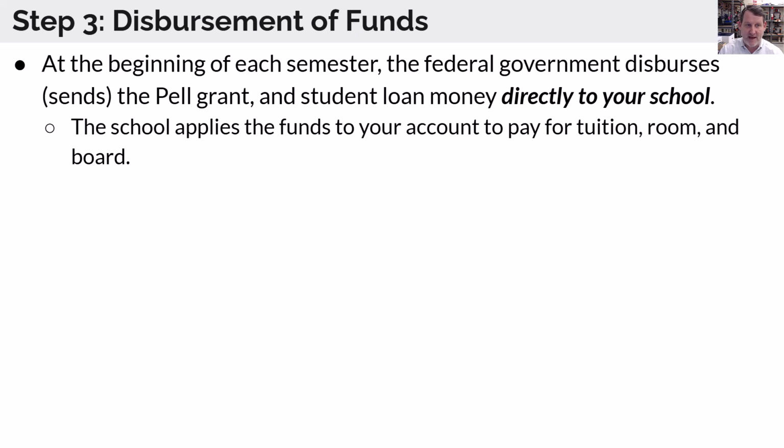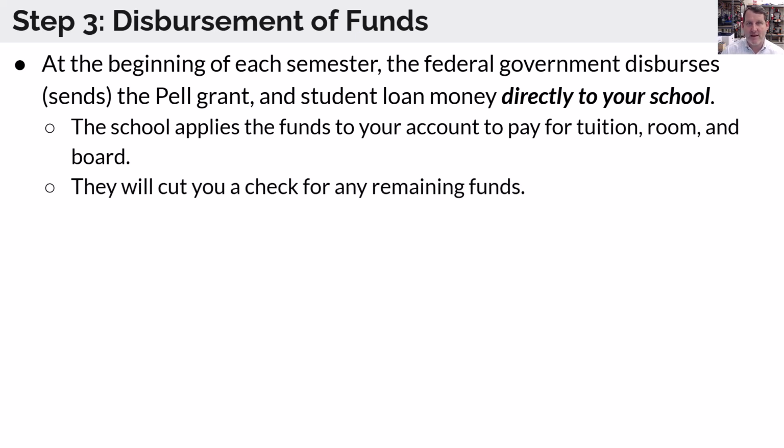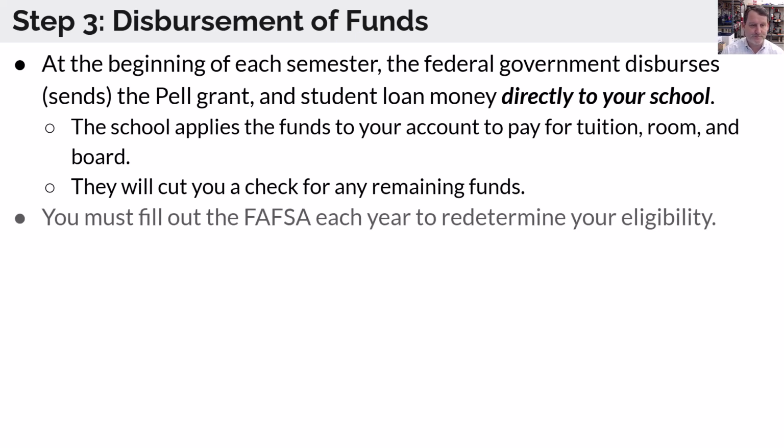Any leftover money, they'll write a check to you for, to help pay for things like living expenses, books, and supplies. Oftentimes there aren't any remaining funds, but if there are, they'll come back to you.